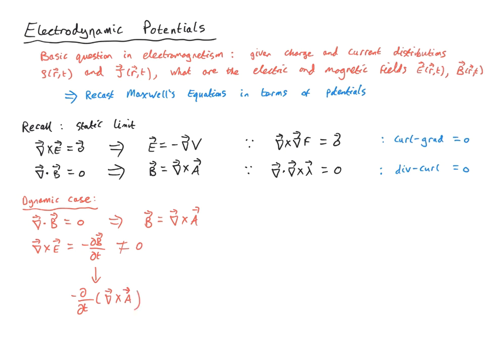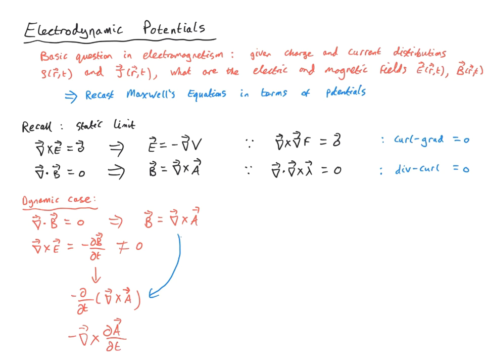I simply used in here this expression. And because we have different partial derivatives in there, one with respect to time and one with respect to space through this nabla derivative, I can easily just swap the order of those things and write this as minus the curl of dA by dt.